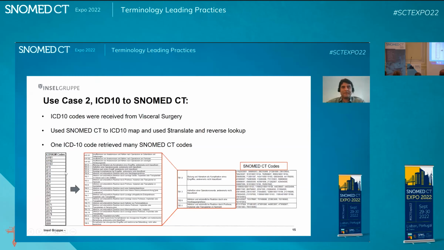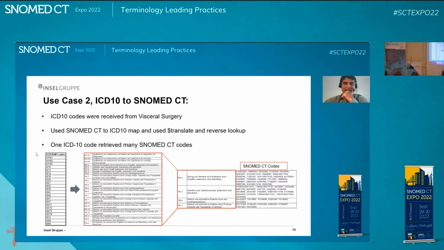On the left side there is a table where some of the ICD-10 codes are shown. We did it by using reverse lookup and the ICD-10 to SNOMED CT map. It is not recommended to use reverse lookup because the map was developed in one direction, SNOMED to ICD-10, and we used it in the other direction.